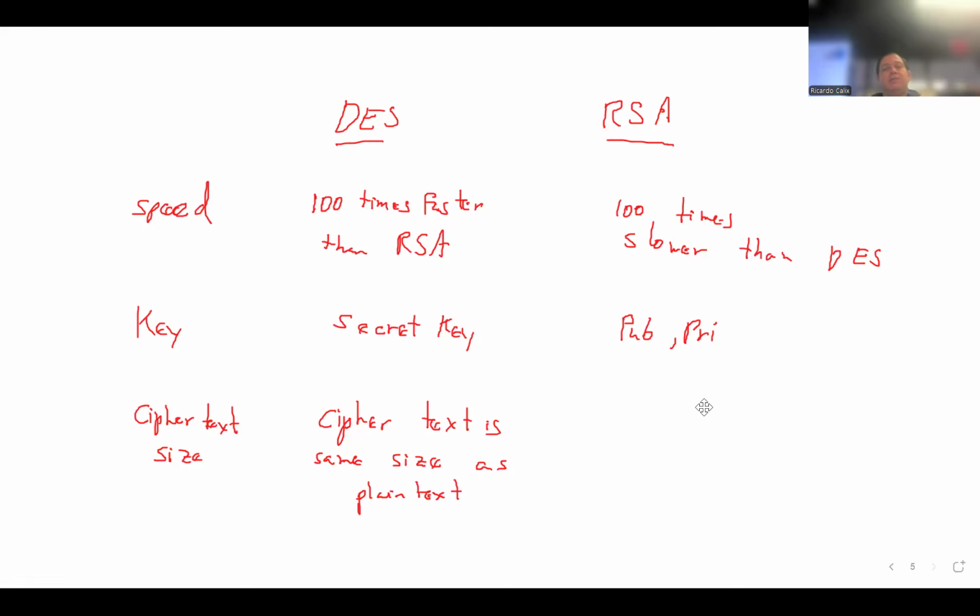In the RSA case, as we just saw in the example, ciphertext becomes larger than plain text. And you guys just saw that.